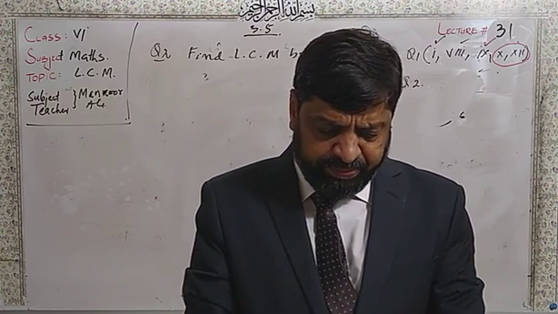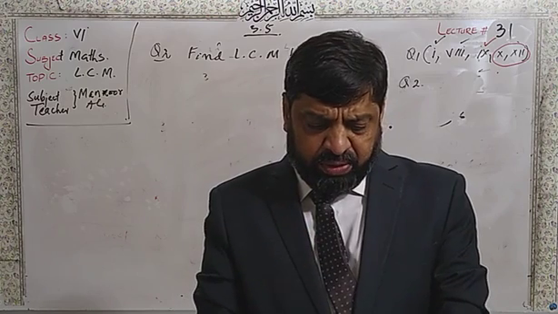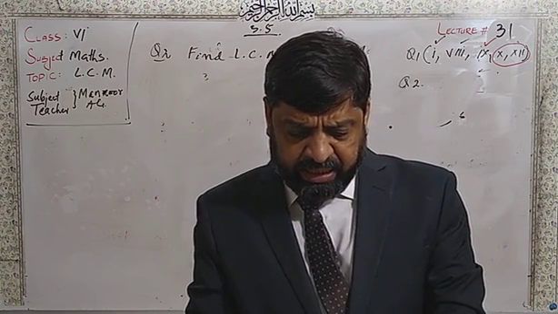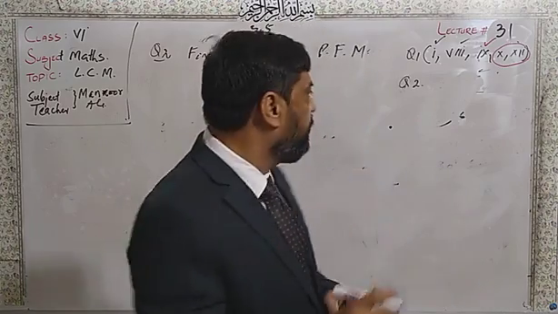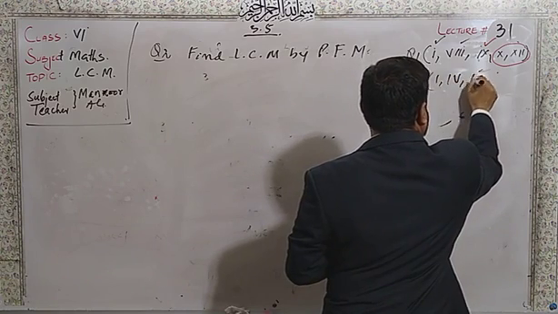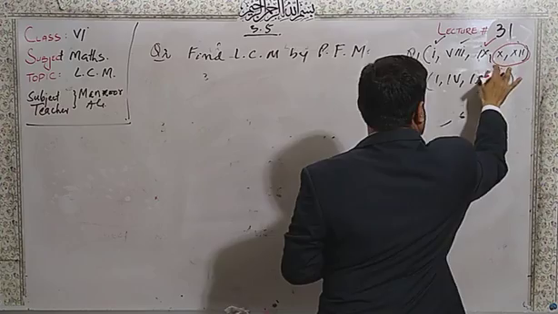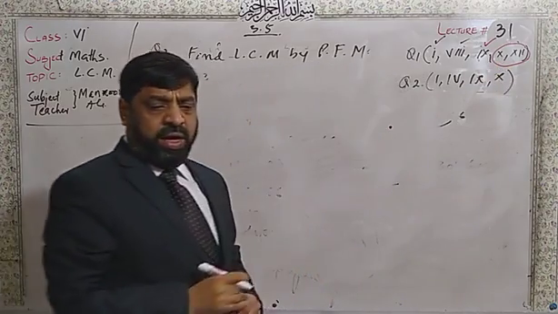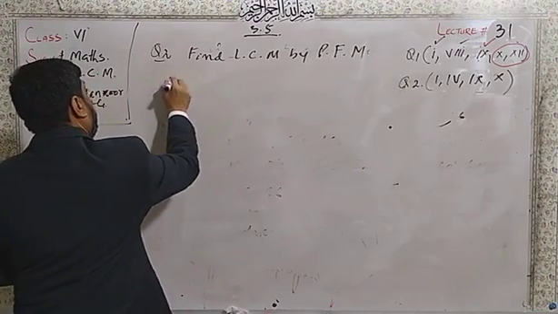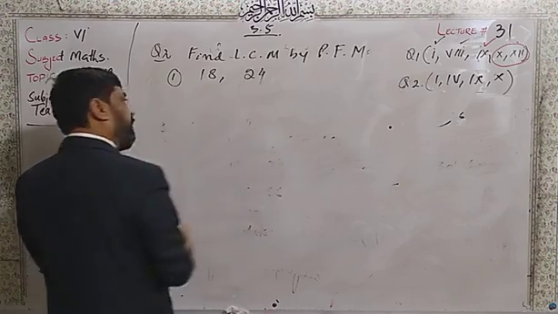Part number 1 is 18 and 24, part number 2 is 4, and so on, parts 1, 4, 9 and 10. Now I start with part number 1, 18 and 24.